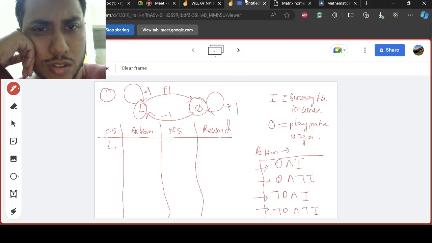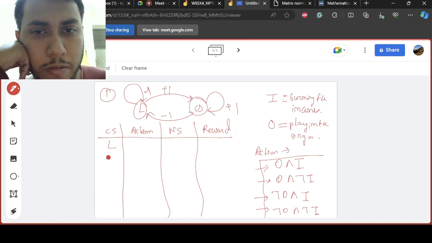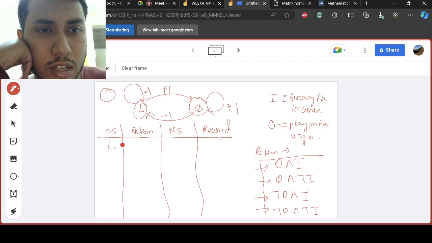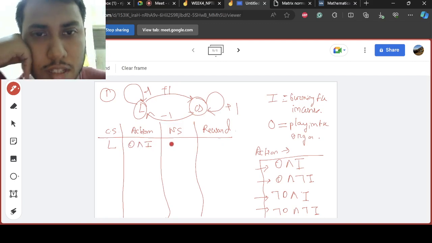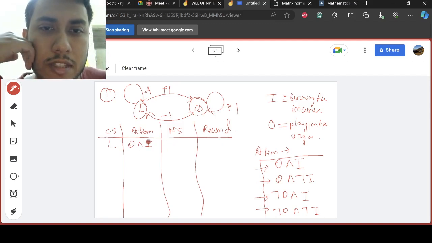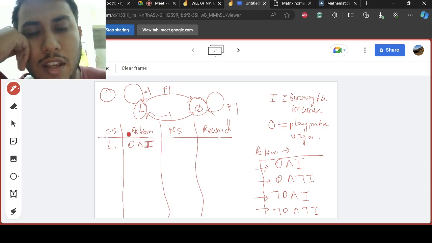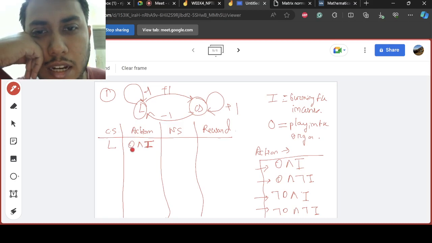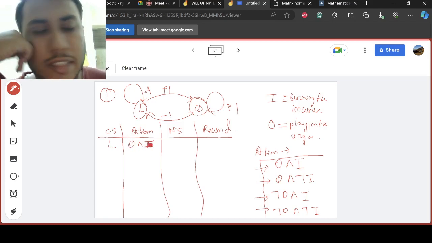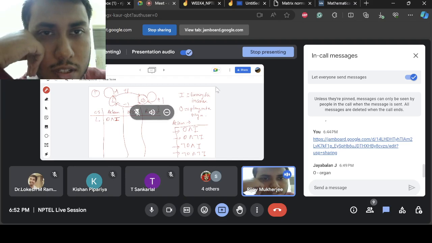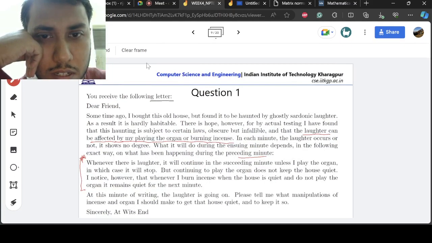Okay, so let's come to each of them one by one. The current state is L, the action is O and I, and the next state is, let's see. What does this mean? The current state is L, we are playing the organ as well as lighting the incense. So let's jump to this part.